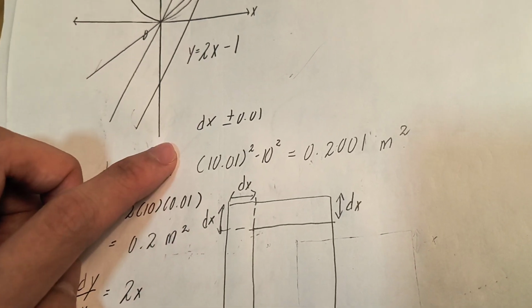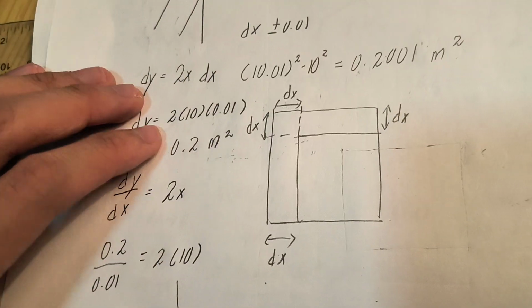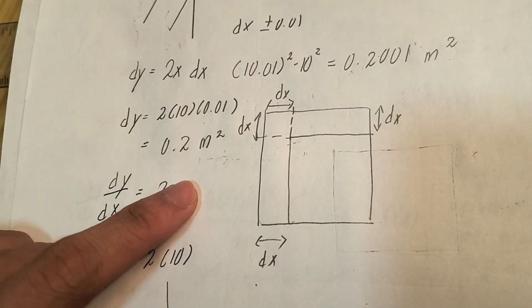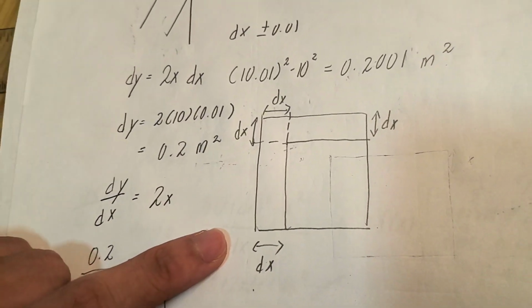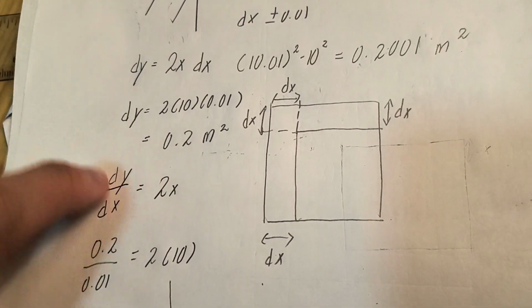It's just a measurement error, and the engineers want to calculate, if we have this marginal error, how much is it going to change our area by? Do we need to reduce our marginal error by using more accurate instruments?